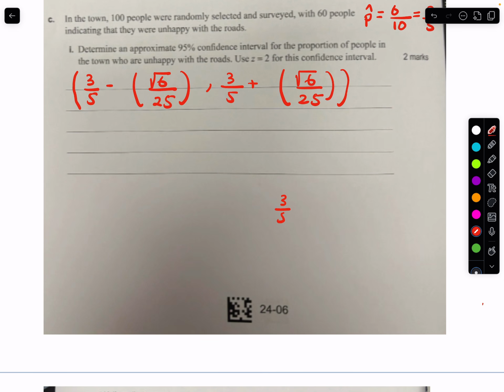If I multiply both sides by 25, 3 over 5 will be 15, so it's basically 15 minus root 6 over 25. And this will be the same, but with a plus: 15 plus root 6 over 25.